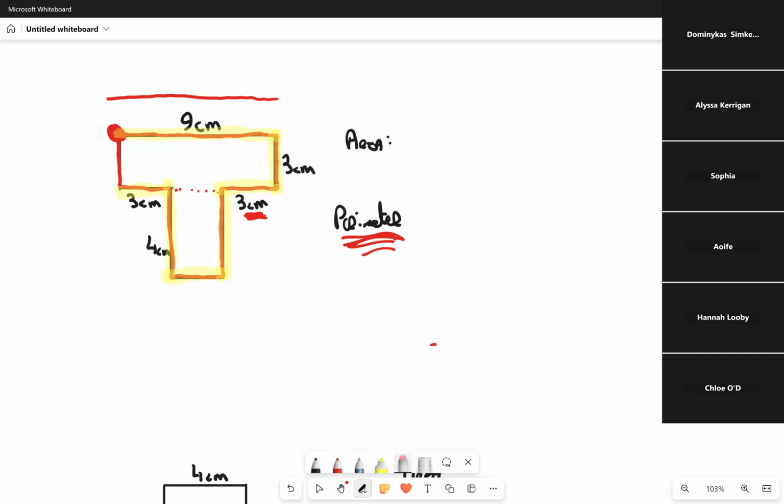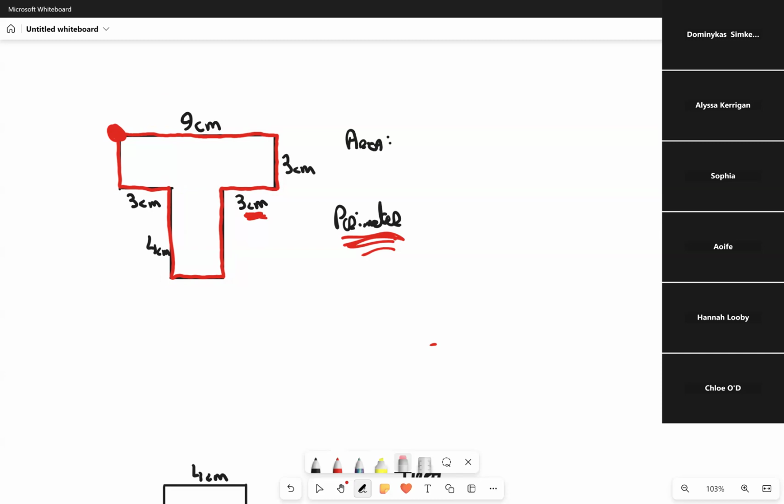So the next one now is the area of it. So I'm going to give you a few minutes, say 1 minute, to see if you can come up with anything on the area of this shape. Remember, it's not a square, it's not a rectangle, it's something different.